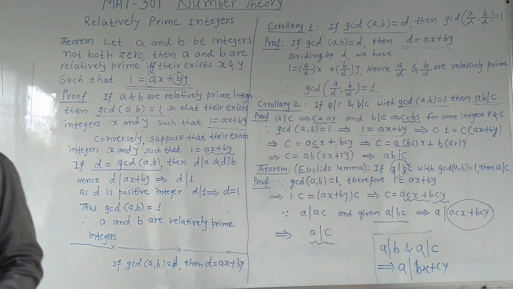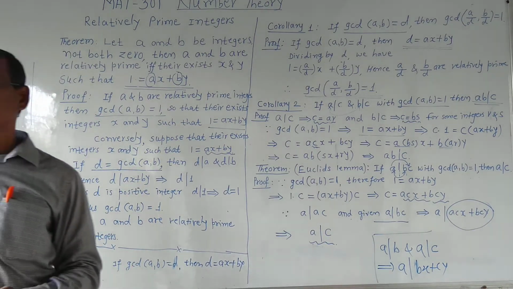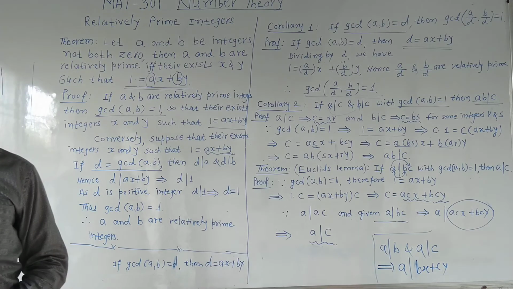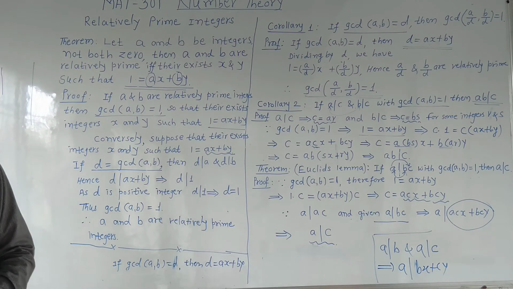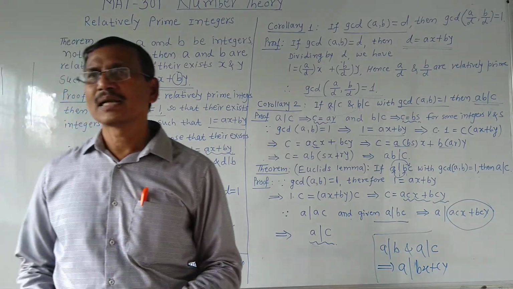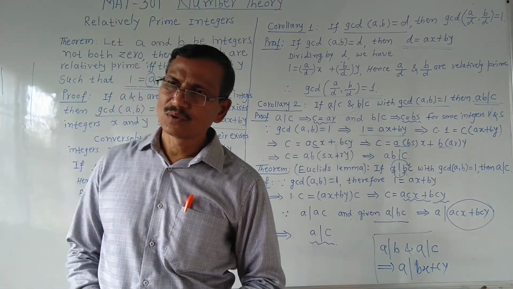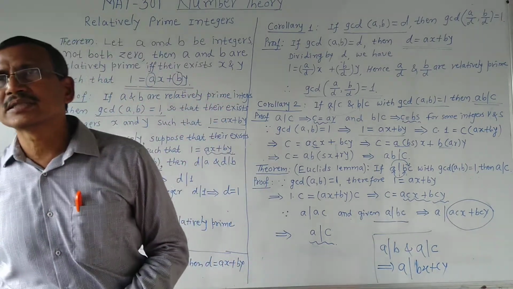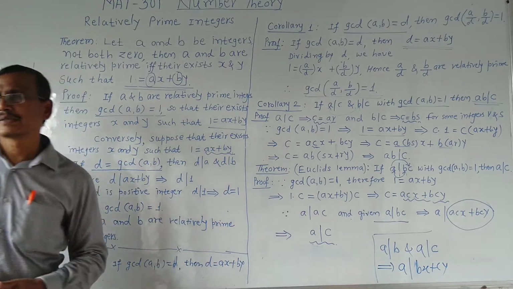Now this article is on relatively prime integers. Very simple. Two integers a and b are called relatively prime if their greatest common divisor is 1. Using this definition we are able to prove the theorem.